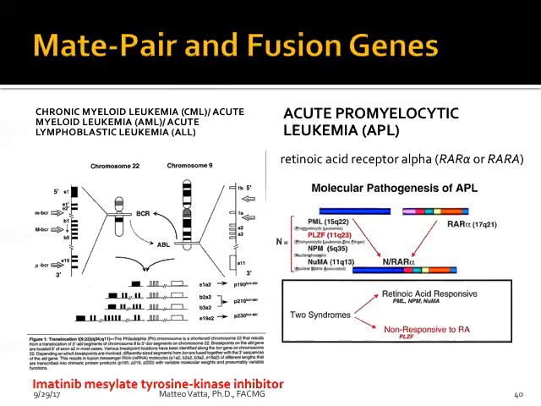Another event is in acute promyelocytic leukemia, or APL, where we have the PML and the RARA fusion. Also in this case, it's very important to detect what type of event has occurred in specific detail, because this can tell you whether the patient is responsive to retinoic acid or non-responsive. So the prognosis is going to be different.